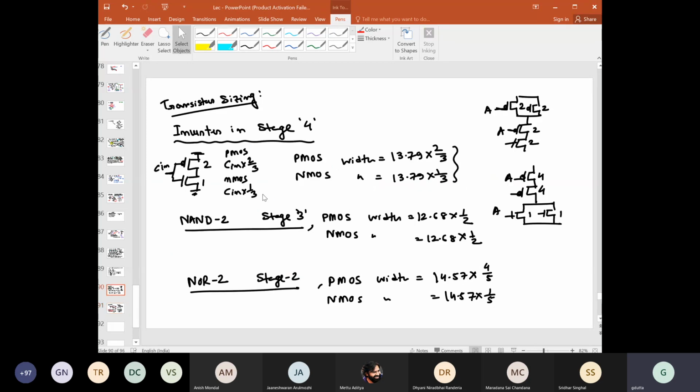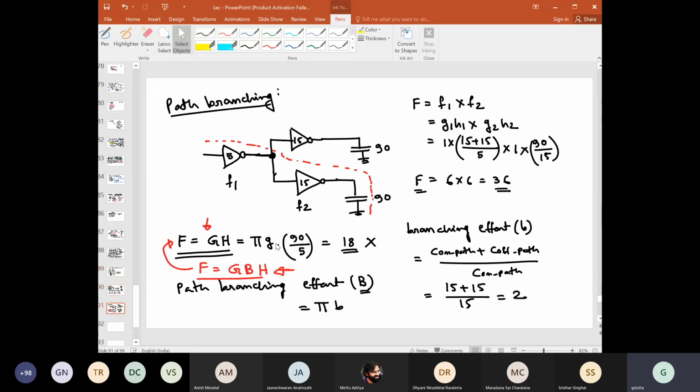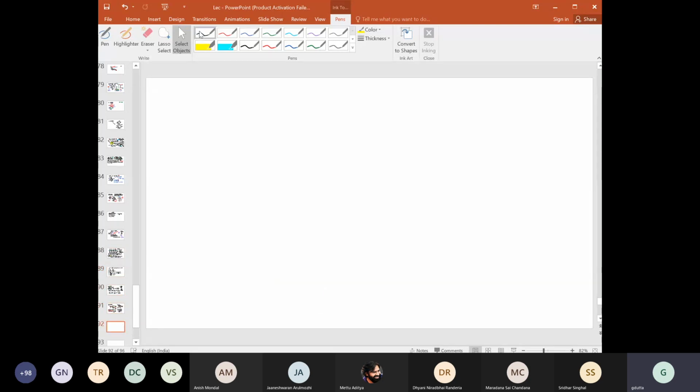In the last example we did not have any branching, so that's why we used it, and it gave us the correct result. But if there was any branching, then we should introduce the term B, the path branching effort, as well. So let us see one quick example, so that this concept will be much clearer to you. This is example 2.